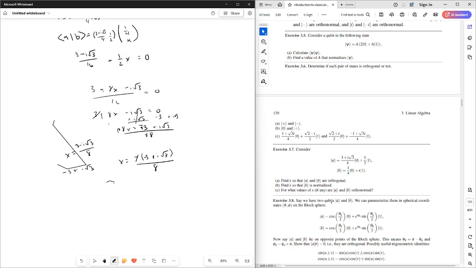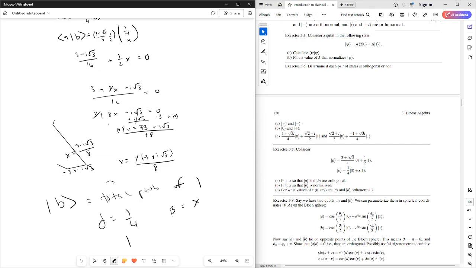Whenever we're normalizing, we need ket B to have a total probability of 1. So alpha is 1/4, beta is x.